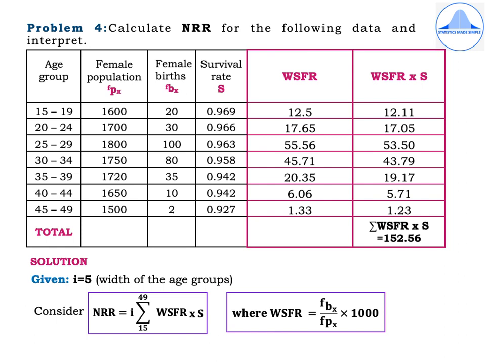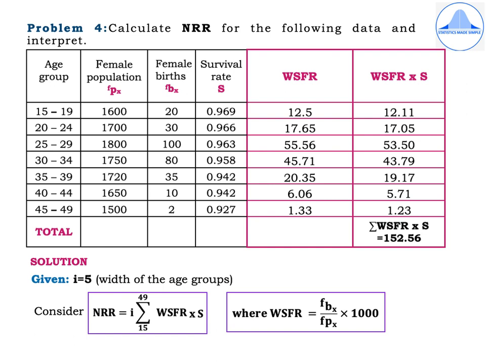And the female births are 20, 30, 100, 80, 35, 10 and 2, and the survival rates are 0.969, 0.966, 0.963, 0.958, 0.942, 0.942 and 0.927.